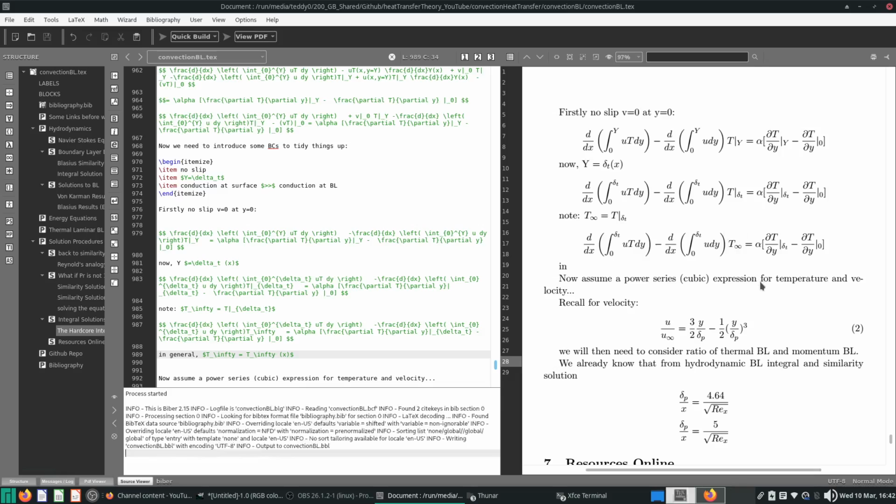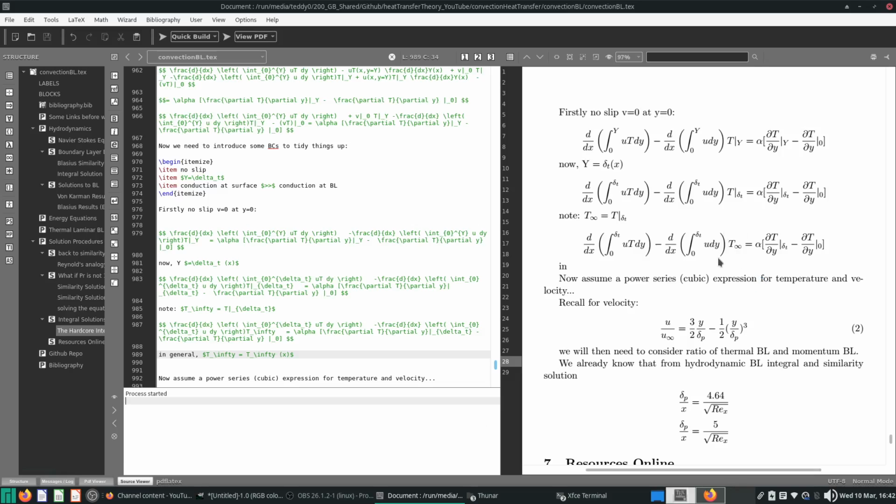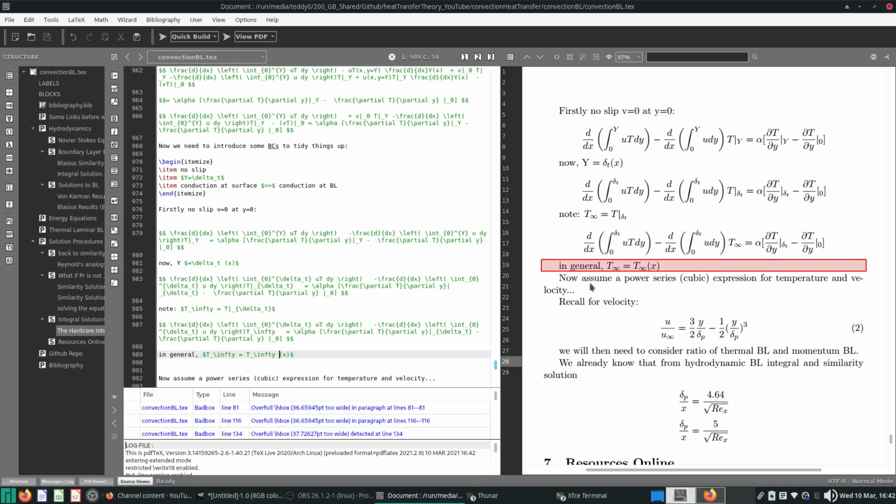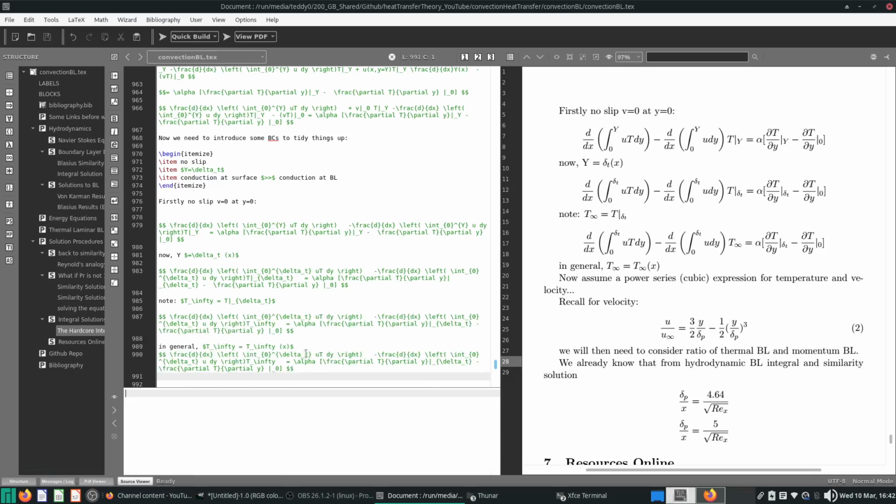Okay, it's not a function of y, but it's a function of x. In the special case of the flat plate flow, it is constant with x. But this is a general kind of thing. So let's make it more explicit and a little bit more generalized.